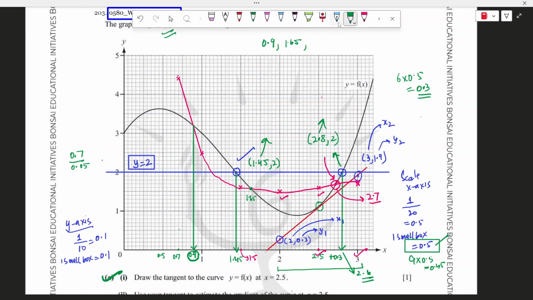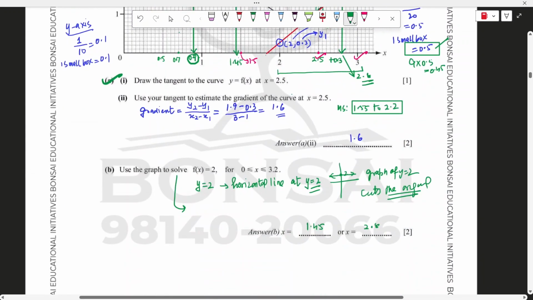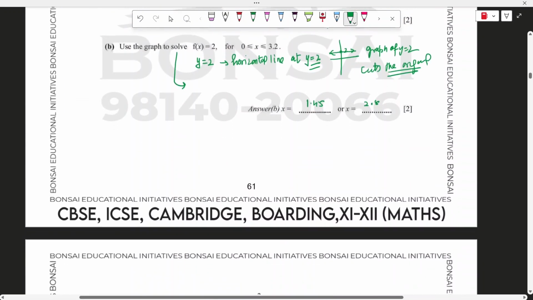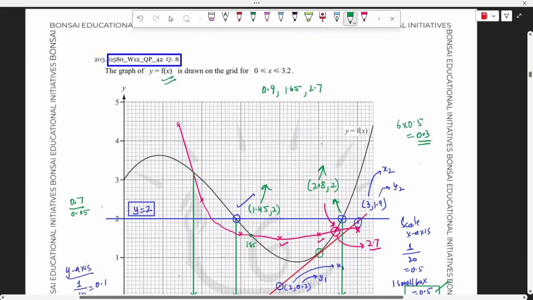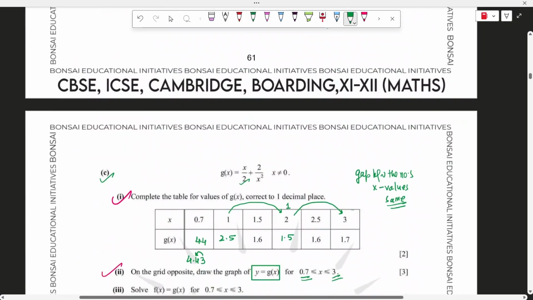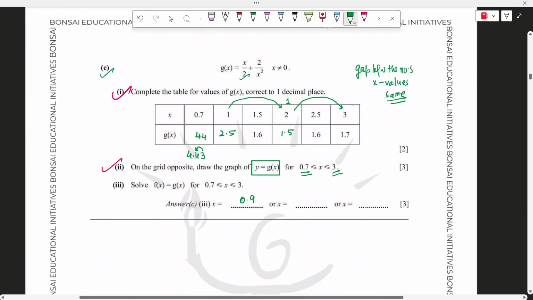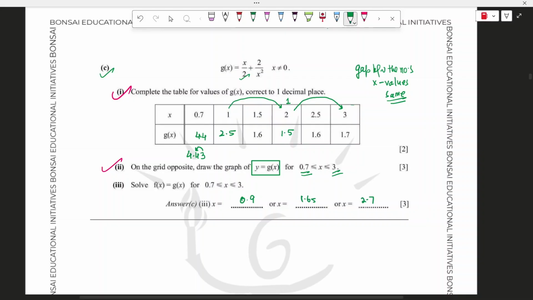So let us take these 3 points and let us give our answer 0.9, and the second value was 1.65 and 2.7. So whatever answer I got, your answer may vary a little. So you need to go to the marking scheme, and the marking scheme gives you the range.